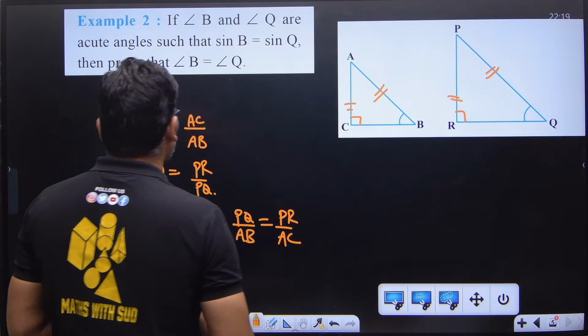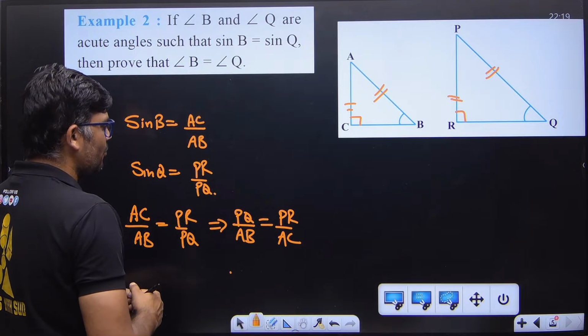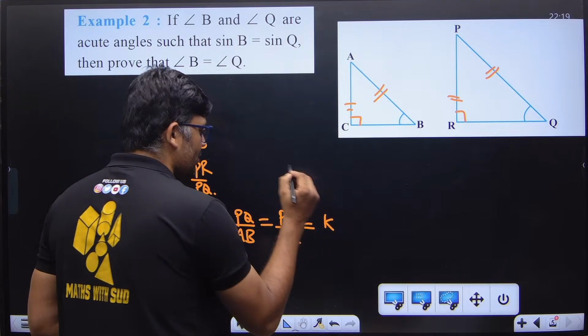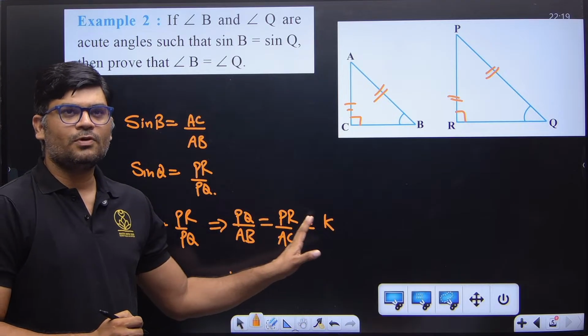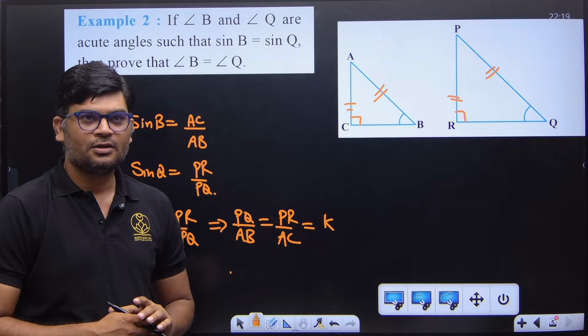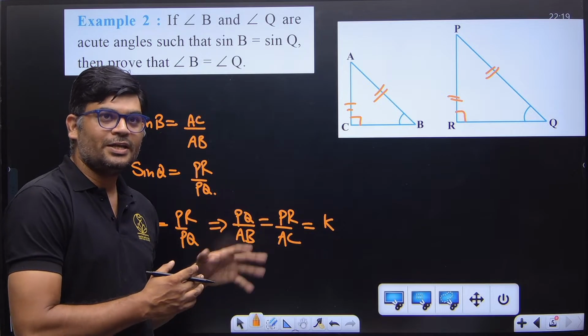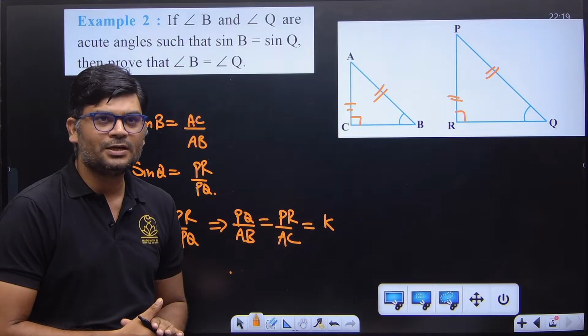We have to understand. Let us say these ratios are equal to K, where K is any constant. If you have ratios which are equal, then it should be equal to something.